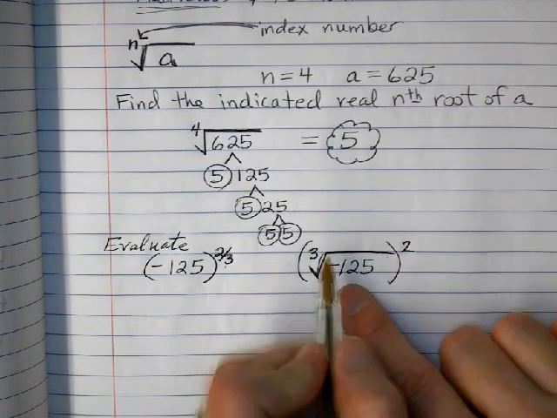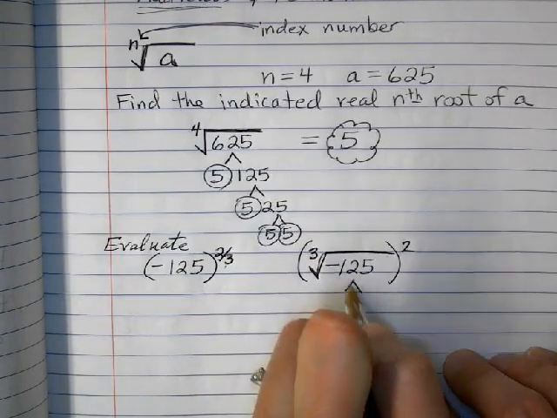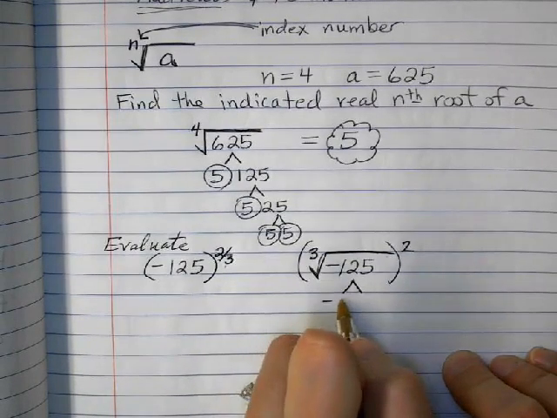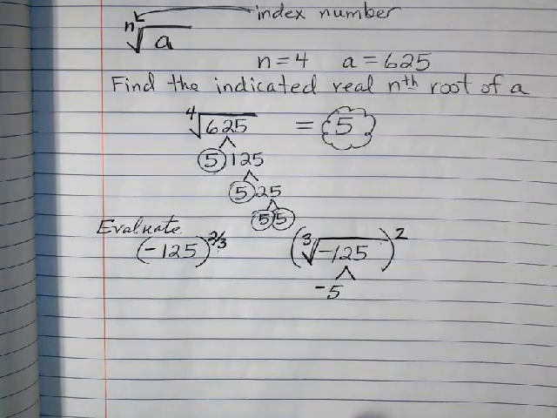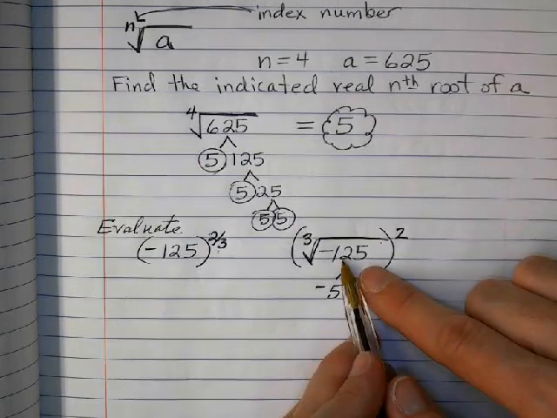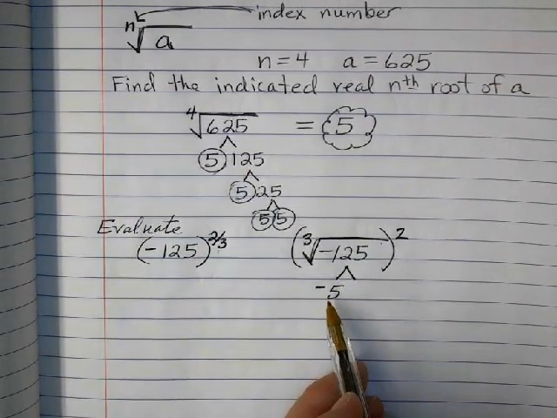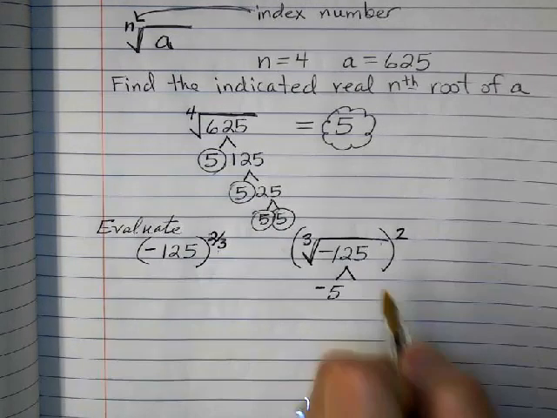So do you think we could figure out the cubed root of negative 125? I think we could do it by hand without a calculator. It says on the worksheet, do it without a calculator. I think it's possible. So 125, what if I divide it by negative 5? Wouldn't I get 25?